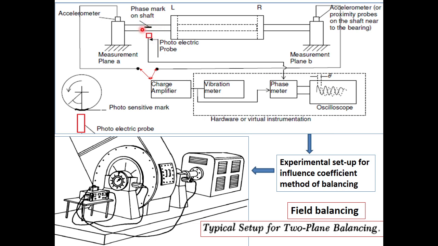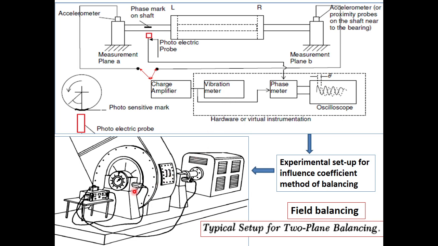For that, the angular position is captured by placing a reflective tape at a certain location, and this is a photosensor. For each rotation, this reflective tape will pass in front of this probe and it will detect it. It will use this as the zero position of the rotor to get the angular position.